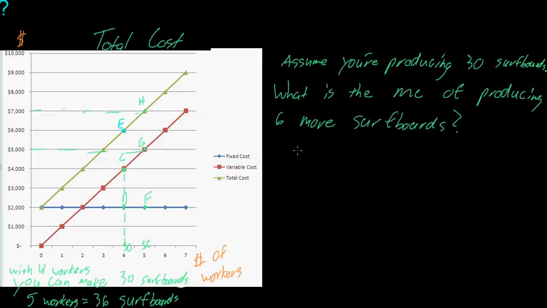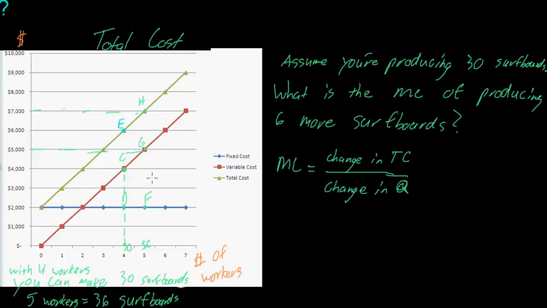So we know that marginal cost is just equal to the change in total cost, I'll write TC, divided by the change in output, and I'm going to write change in Q, the change in quantity. And we can calculate all of that from the graph that we have over here.